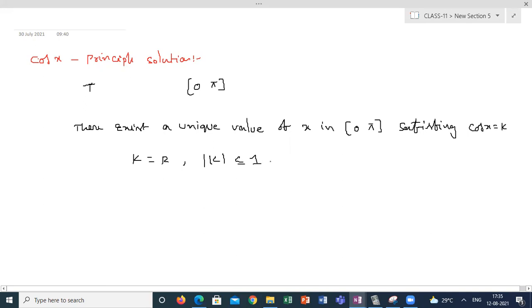This value of x is called the principal value of x or principal solution of cos x.